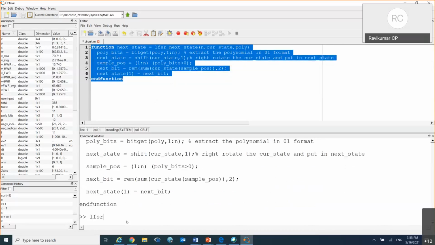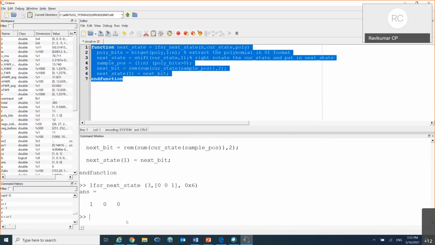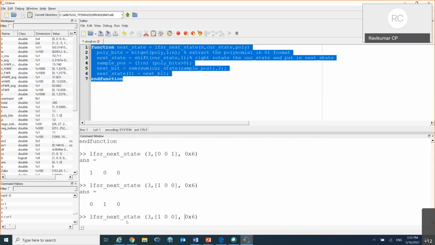LFSR. So let us say we have a 3-bit LFSR. I started with 001. Now I think it's correct. Yeah, see, it's correct.